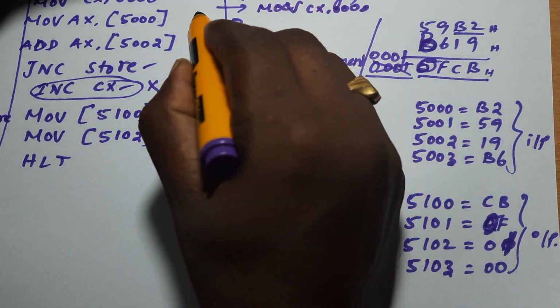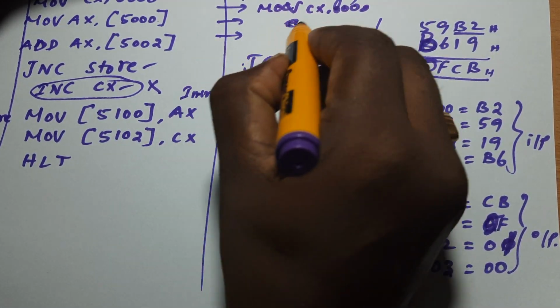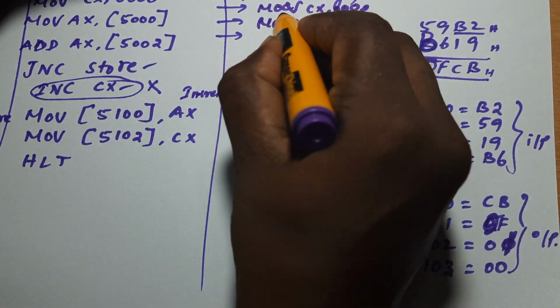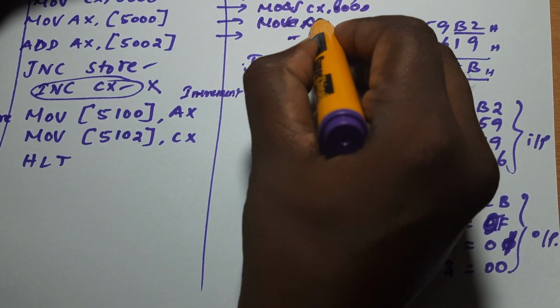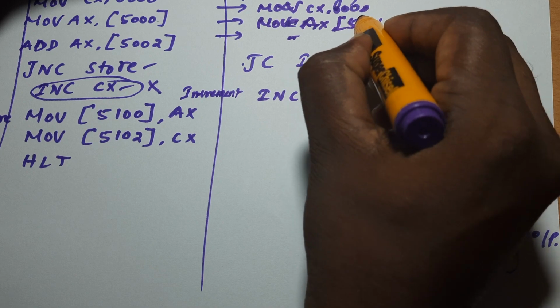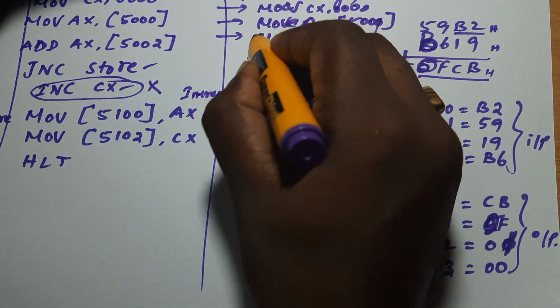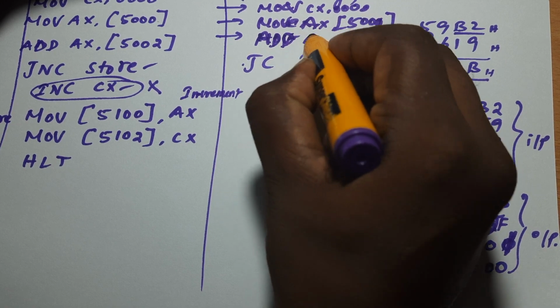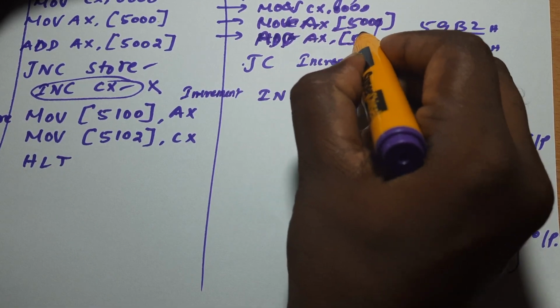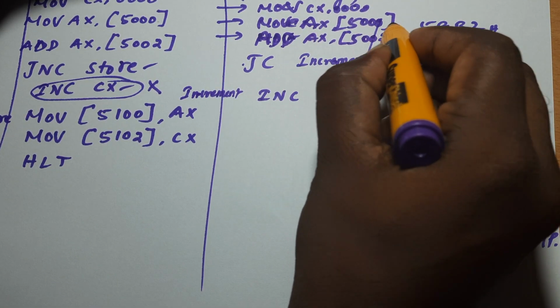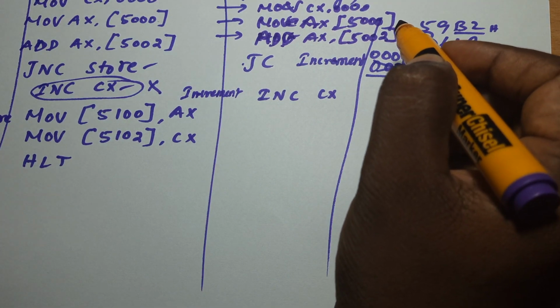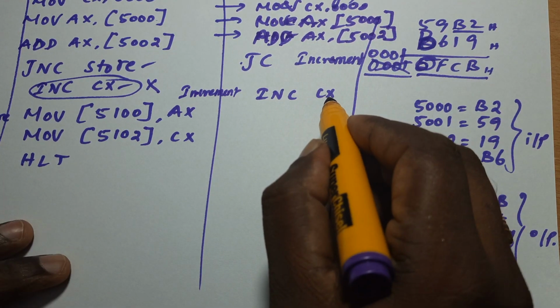The same thing is there. This instruction is also the same. Then MOV AX, 5000, sorry, ADD AX, 5002. Now increment CX. Yes, CX becomes 1 now.